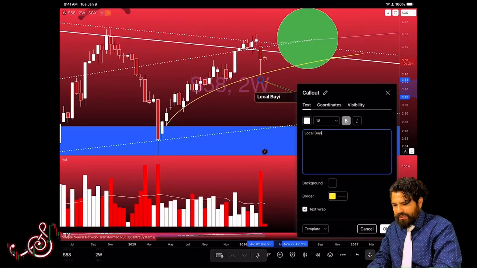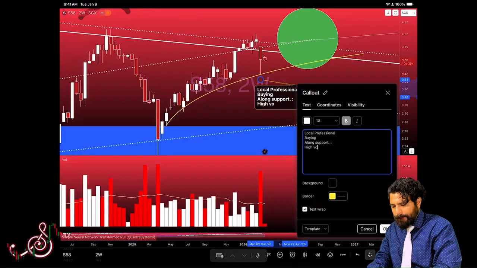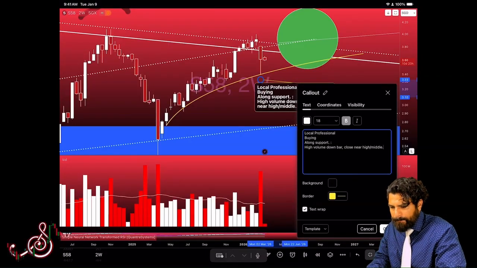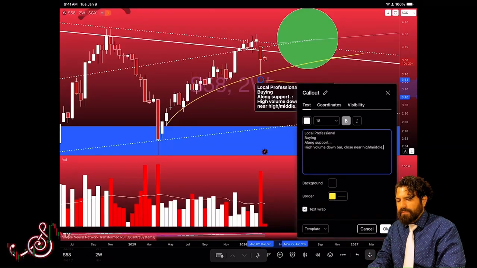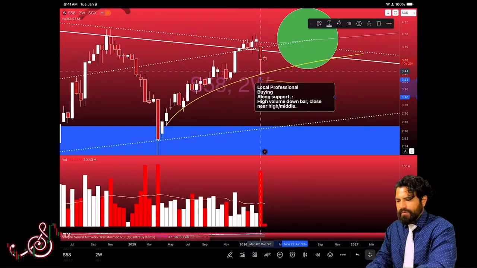This is going to be some professional buying along support, indicated by high volume, down bar, close near high / middle. High volume on a down bar into that support.